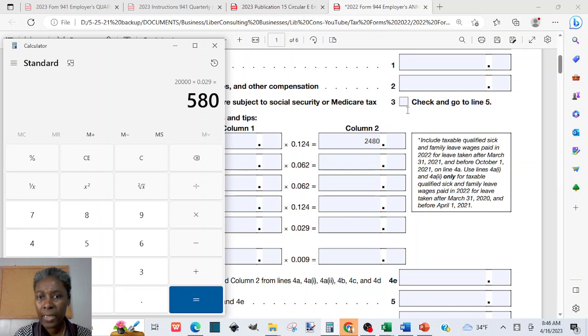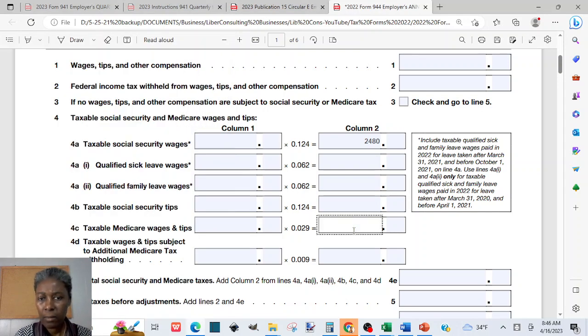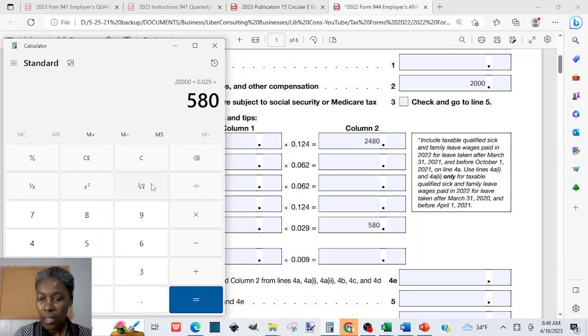Let's put $580 here, and let's put that $2,000 we calculated, that 10% on the $20,000. Now let's take those three: $580 plus $2,480 for the Social Security, both employee and employer, plus the $2,000 we withheld from the employee's salary.